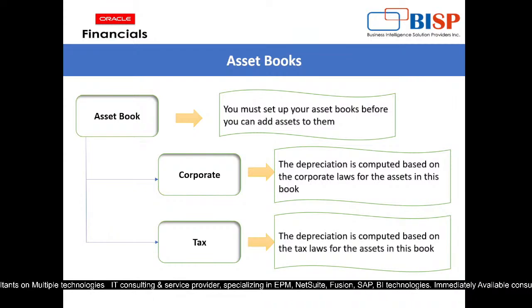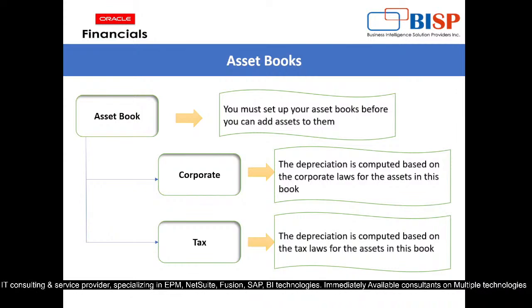So for each corporate book, you need to set up multiple tax books and associate all of them to the corporate book. A tax book must be associated with the corporate book so that the assets and the transactions are easily copied from the corporate book. What will happen?